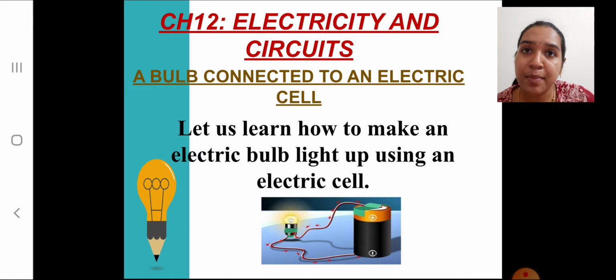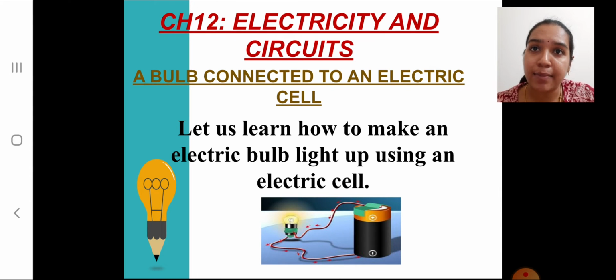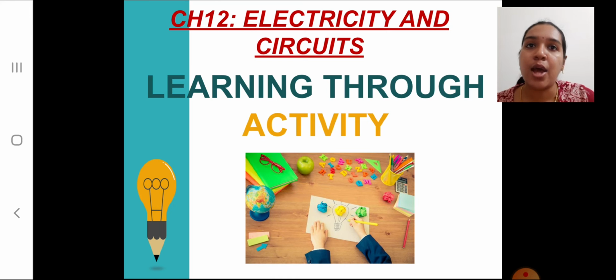What other possible connections of this bulb and electric cell lead to? Will all the connection types light the bulb, or is there only one proper connection type to light the bulb? We will try to get answers to all these questions by learning through a small activity.